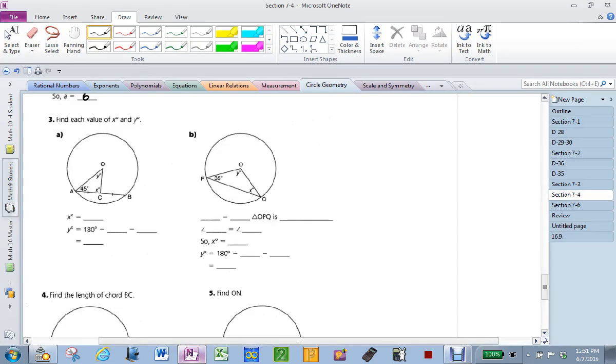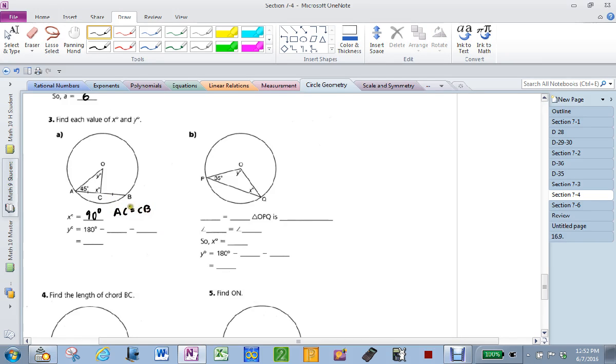How big is X? Why is X 90? What information here allows me to say that X is 90? It's a chord directly bisected, because AC equals CB.